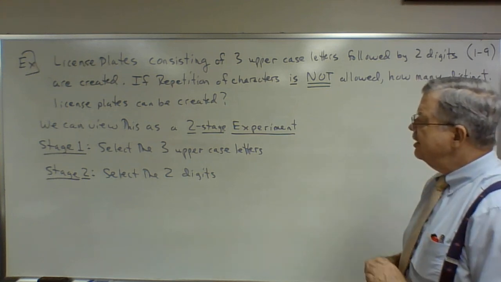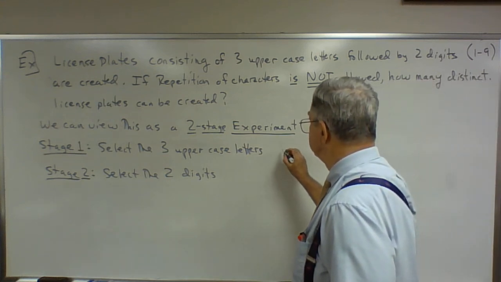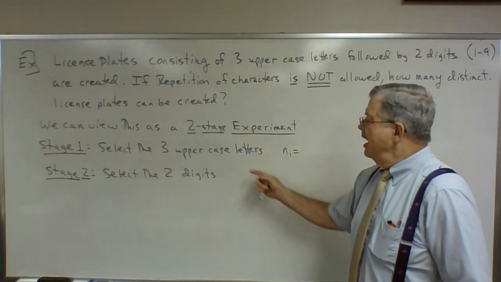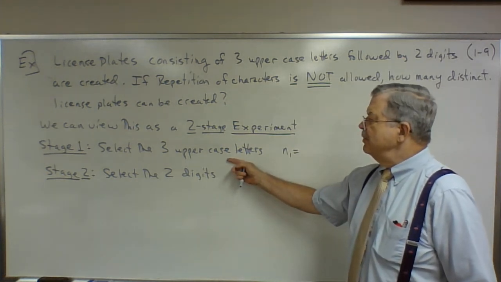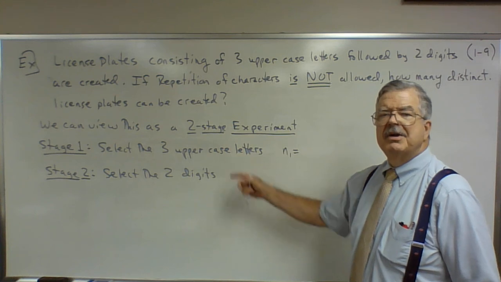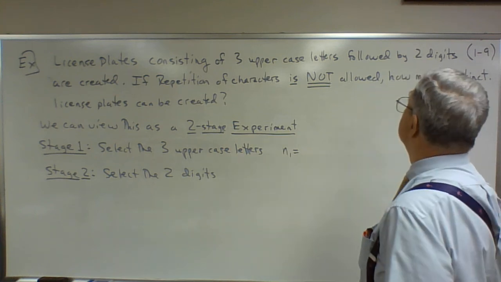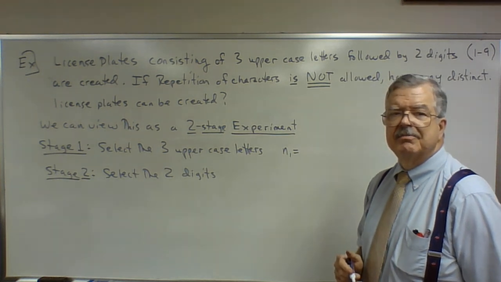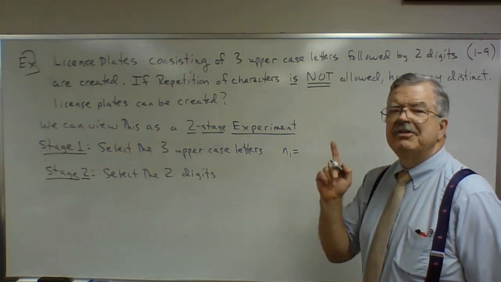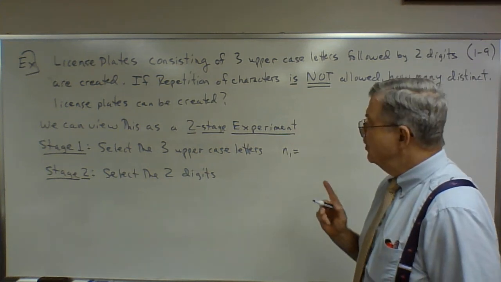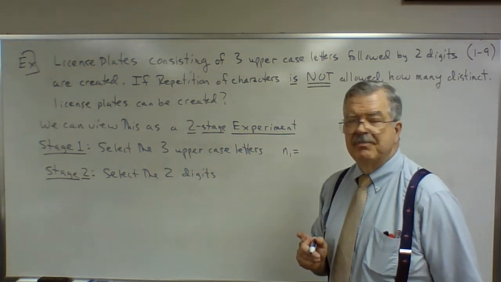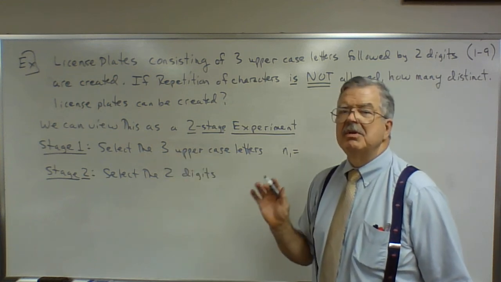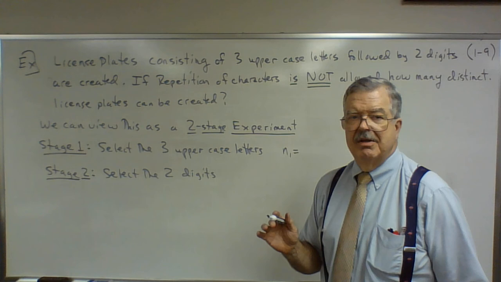Now think about this. How many different ways can we select the 3 uppercase letters from a set of 26 uppercase letters if repetition is not allowed? If we're not allowing repetition, then the 3 letters here can only be used once.